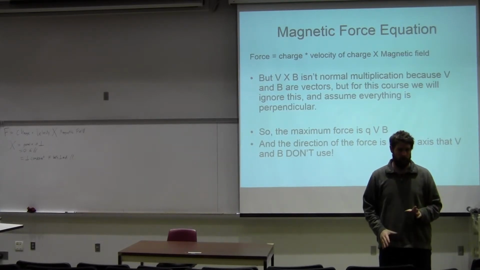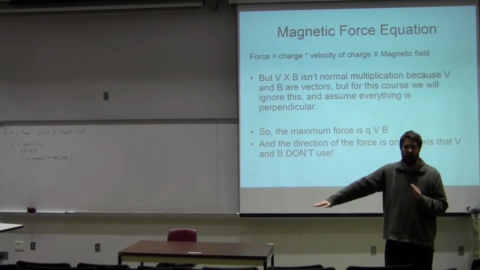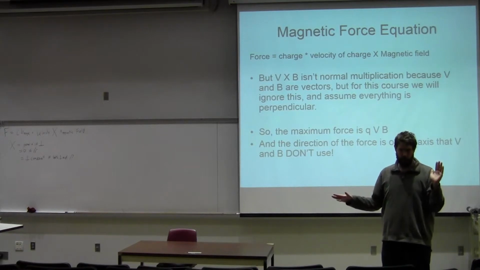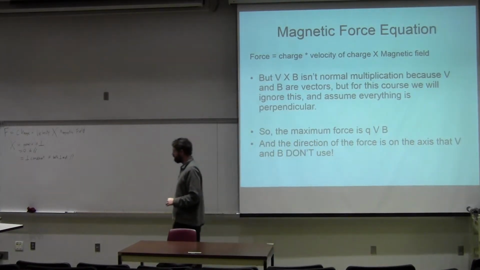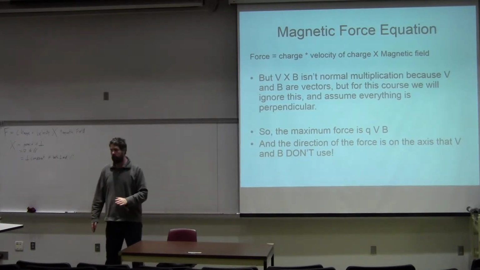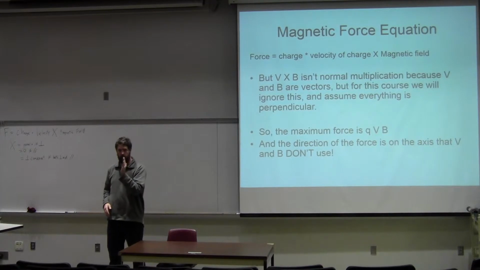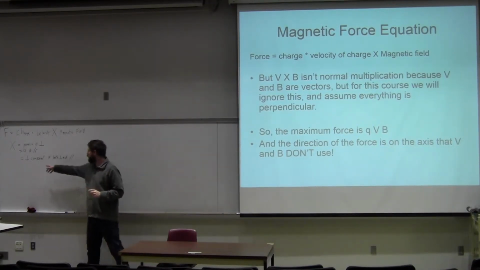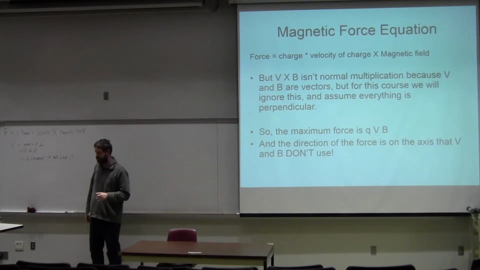So the only way you get a magnetic force is if the velocity has a part that is perpendicular to the field. Now in the case where the velocity has components that are both perpendicular and parallel to the field, you ignore the parallel component and only look at the perpendicular component. And that's what you put in for the velocity.